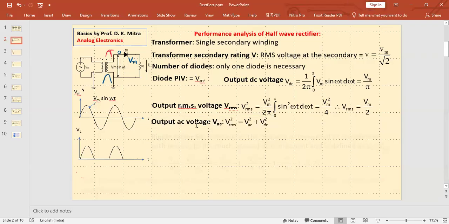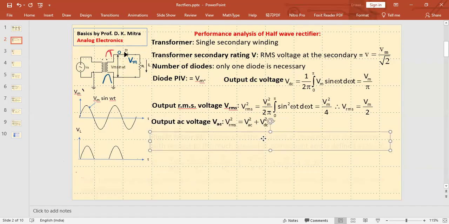The AC voltage is always found using this formula: RMS square equals VAC square plus VDC square. You need not deduce and remember the value of AC because that is not much use, but you just remember this formula. If you can find the DC voltage and the RMS voltage, then with this formula you can find the AC component or non-DC component.